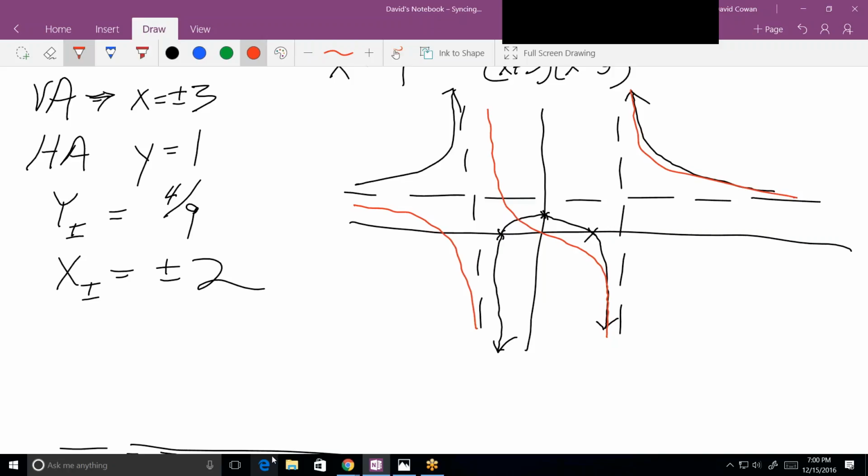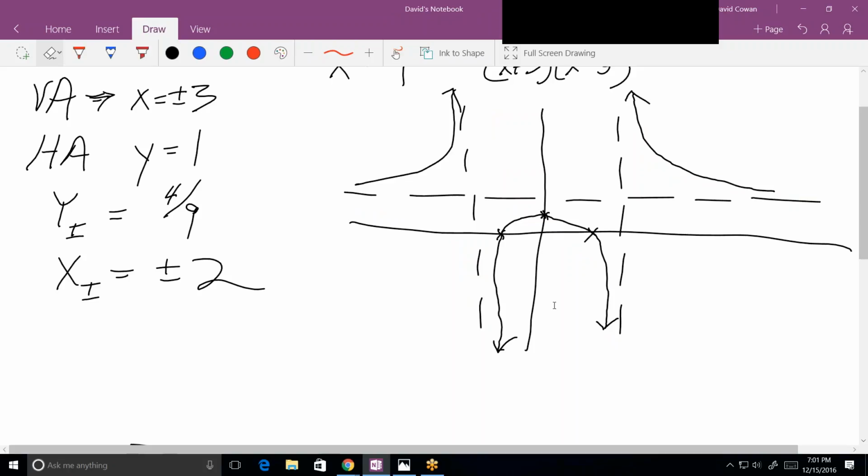Well, there's no way that red line can go through 2 x-intercepts that are different. So I knew it was not the red. The middle didn't go all the way to the top. It turns around and comes back down to the bottom, which means this almost certainly is our curve.